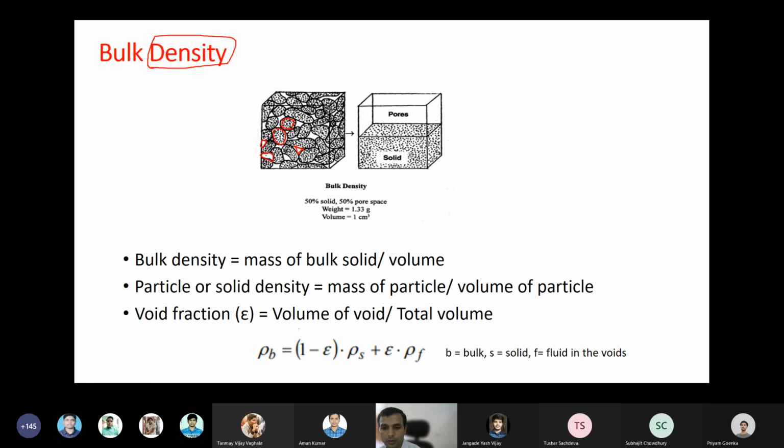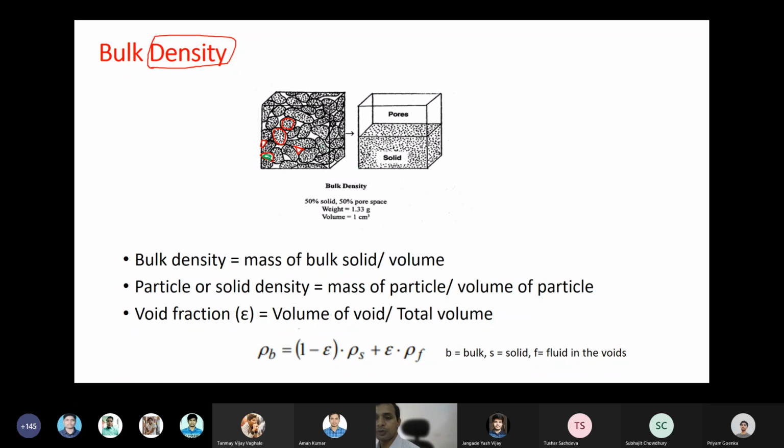So all of us know that whenever you store particles, there will be void spaces between them. Suppose we have this container, and some portion will be filled with solids and some portion with voids or pores. This is the total volume of the bulk solids.